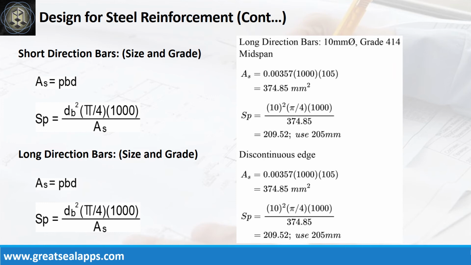At long direction, given midspan and discontinuous edge rho equals 0.00357, B equals 1000 millimeters, and D equals 105 millimeters, the area of steel for both sections is 374.85 square millimeters, and the spacing for 10 millimeter bar is 205 millimeters.